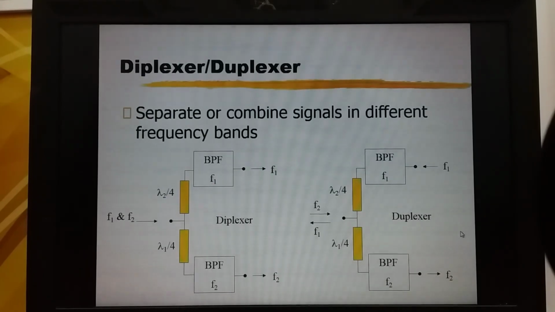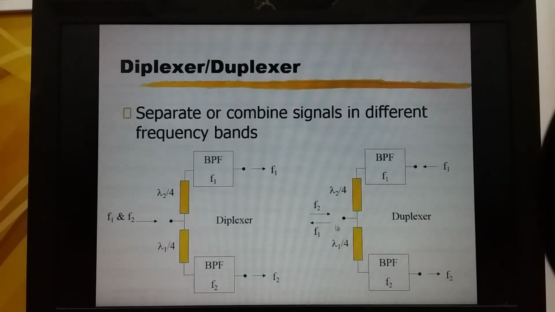In the case of a duplexer, the circuit is the same, but the application is different. In a duplexer, what we wish is to transmit and receive at the same time.